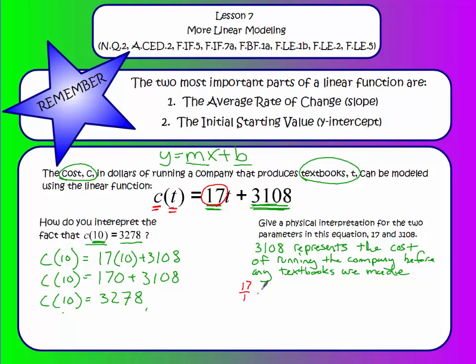So this value here, the 17, represents the change in cost of the textbook, or change in cost as, let's say, the number of textbooks change.